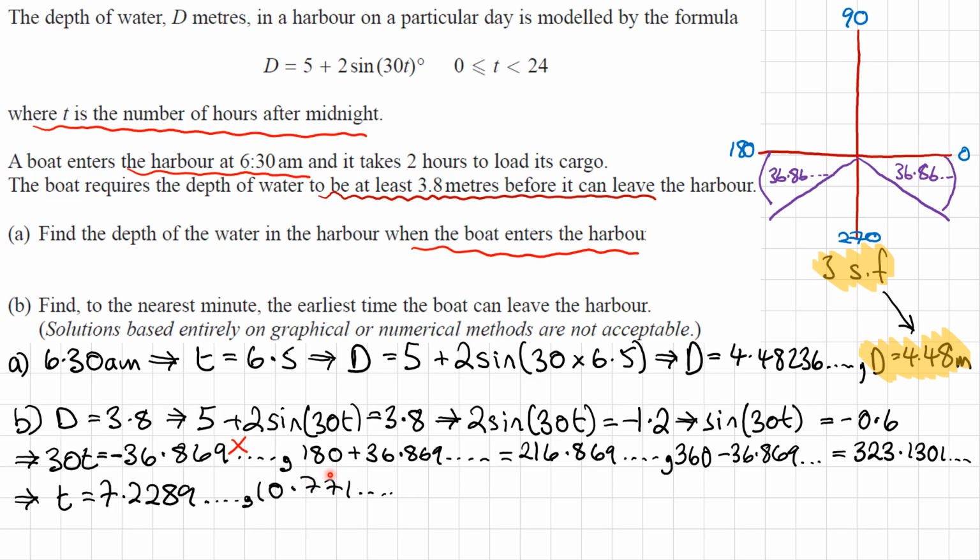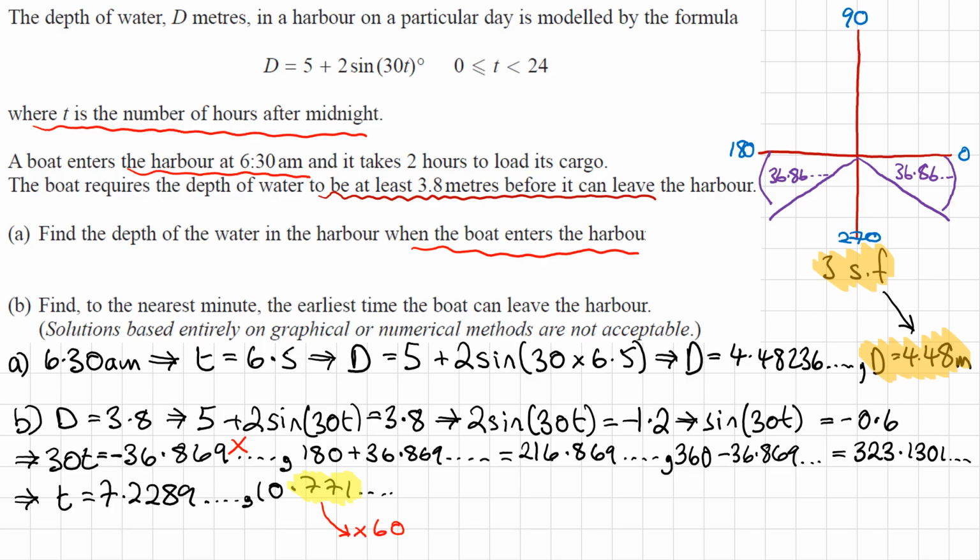So what we want to do now is change this decimal part into minutes. The decimal part here is a fraction of an hour, and an hour is 60 minutes. So I take just the decimal part and times it by 60.